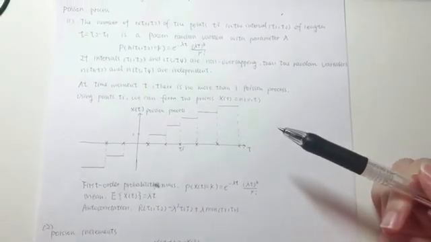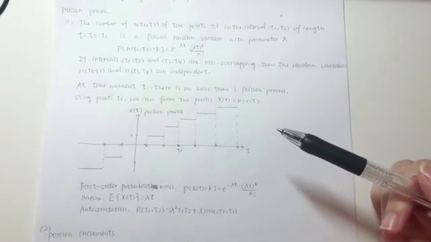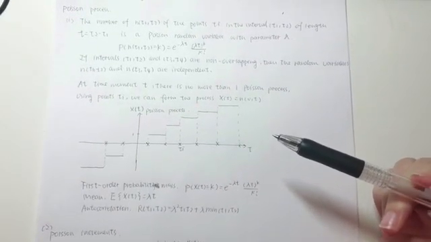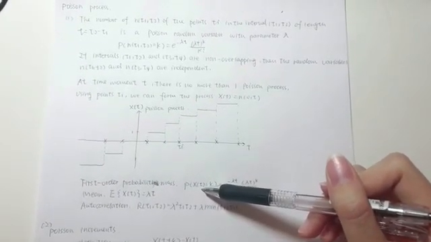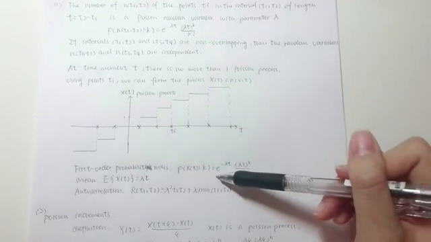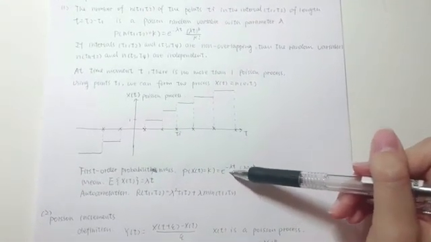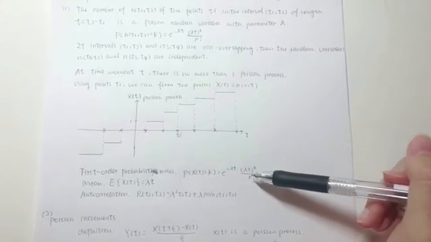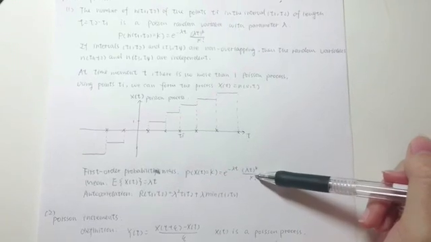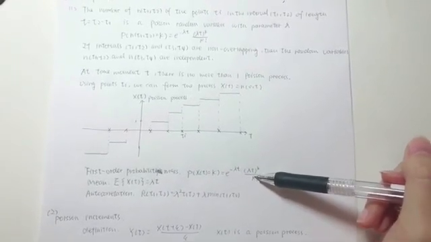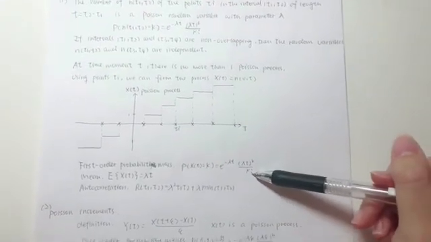Another property of the Poisson process is that the first order probability mass, P of x of t equals k, equals e to the power of minus lambda t, multiplied by lambda t to the power of k, divided by the factorial of k.